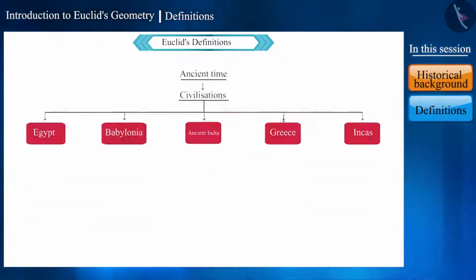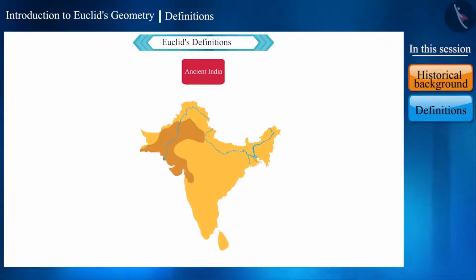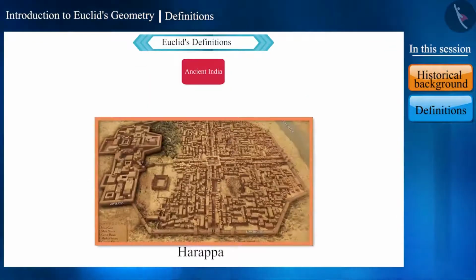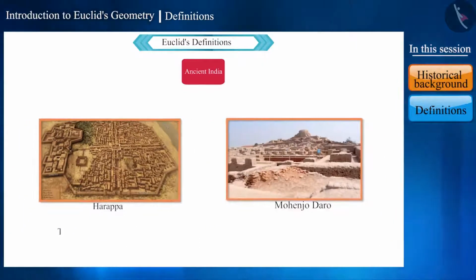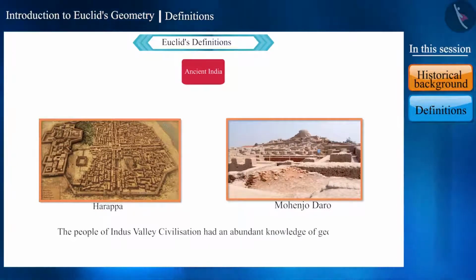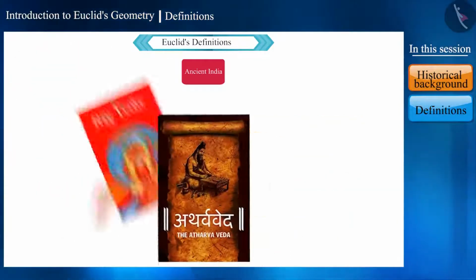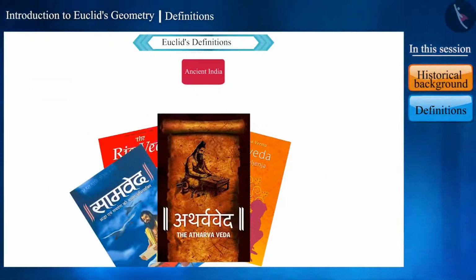And in the Indian subcontinent as well, by seeing the design and arrangement of cities such as Harappa and Mohenjo-daro found during excavation, one can realize that the people of Indus Valley civilization also had an abundant knowledge of geometry, not just by seeing, but also by reading the Vedas and scriptures.